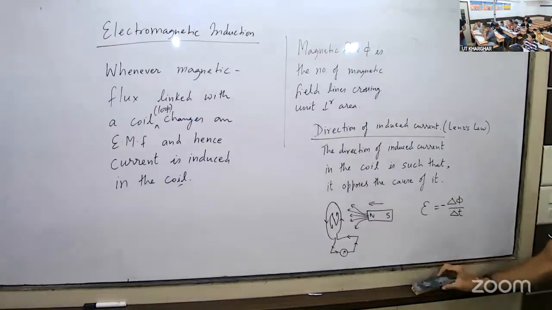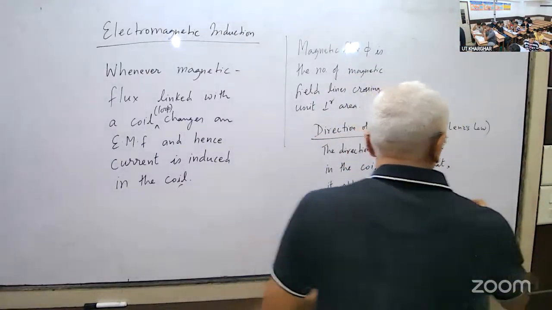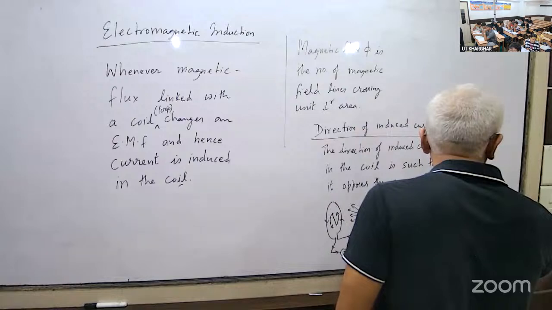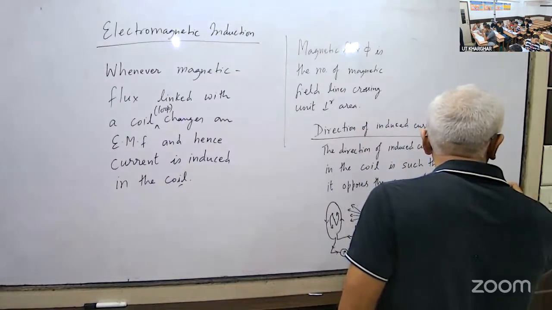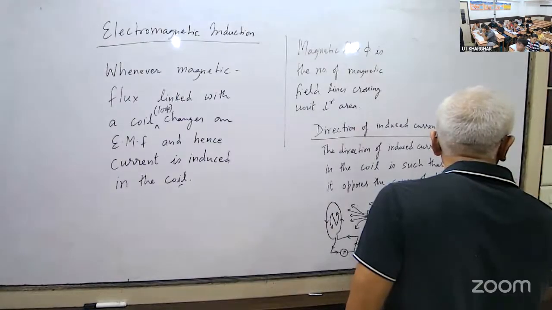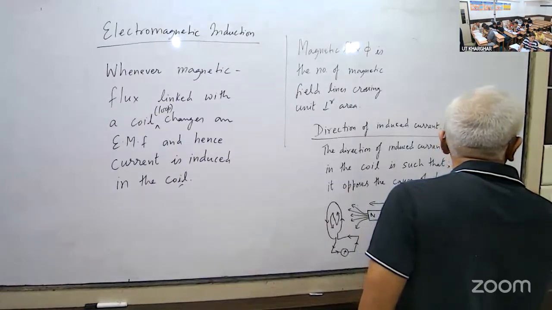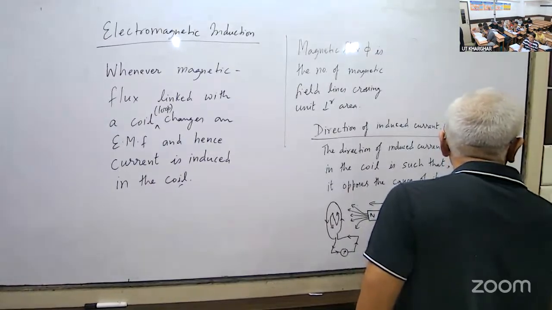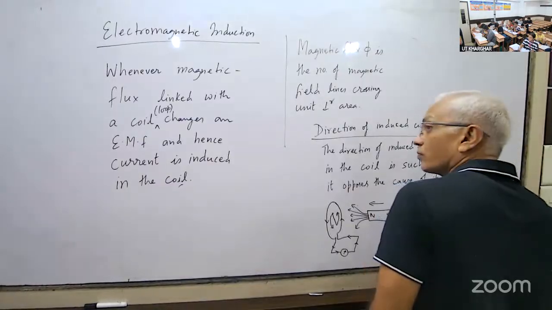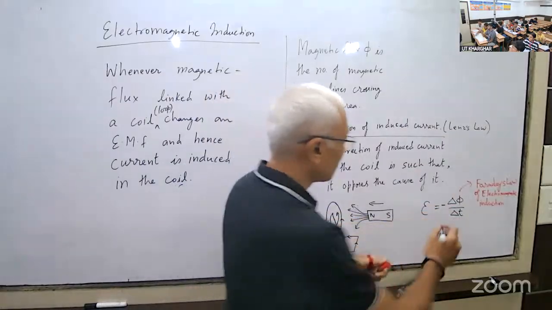Which is called Fleming's right-hand rule. Another law is, this is basically Faraday's law. This is Faraday's law of electromagnetic induction. This part.